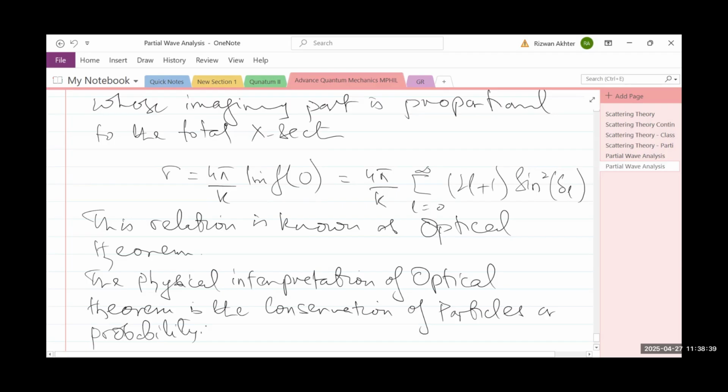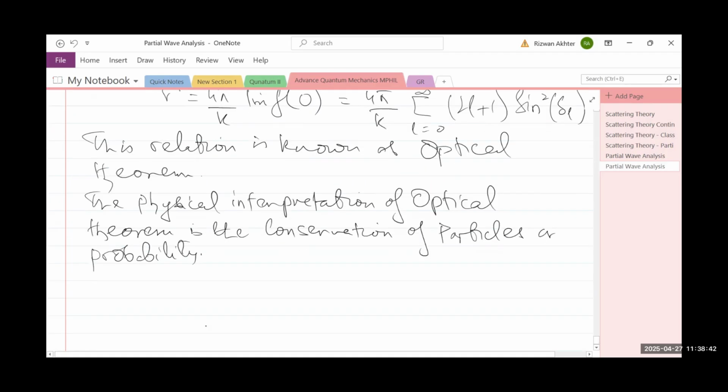And so we could say, let's say, if we state its physical interpretation, there is some beam of particles which are emerging after scattering along some direction. Let's say that direction is theta equal to 0, as we derived the optical theorem. It contains fewer particles than the incident beam, since a number of particles have scattered in various other directions. So if the particles are fewer in number than the incident number of particles, the reason behind it would be that they are scattered in different directions.